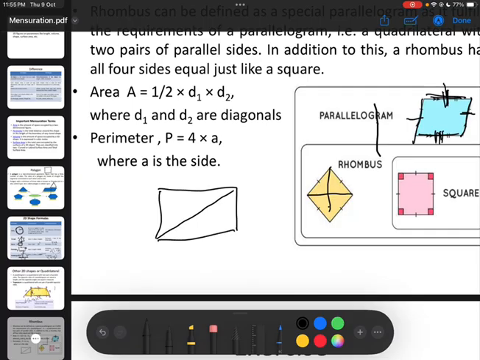Then this is D1 and this is D2, the diagonals of the rhombus. The area of the rhombus is 1/2 D1 into D2, where D1 and D2 are its diagonals. And what is the perimeter? As we know, a rhombus has all sides equal. Then perimeter P equals 4 into A.